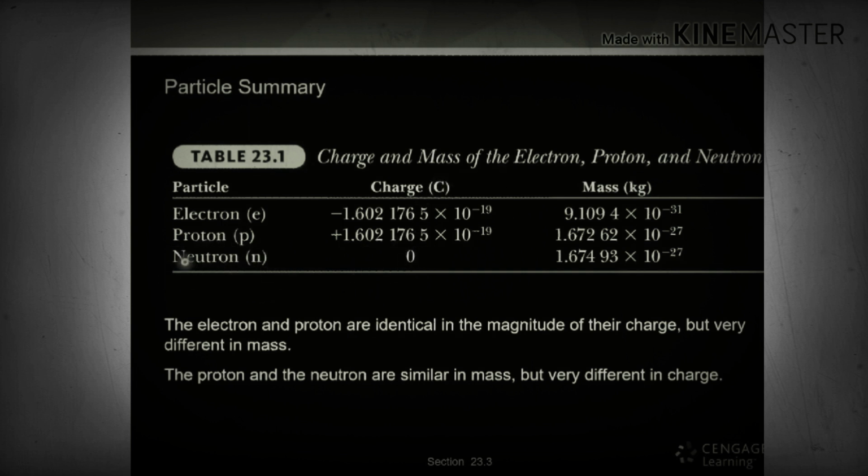That's why we call this particle neutron. But its mass is similar to the mass of the proton. The electron and the proton are identical in magnitude of their charge but very different in mass. The proton and the neutron are similar in mass but very different in charge.